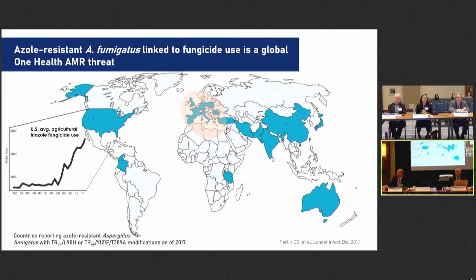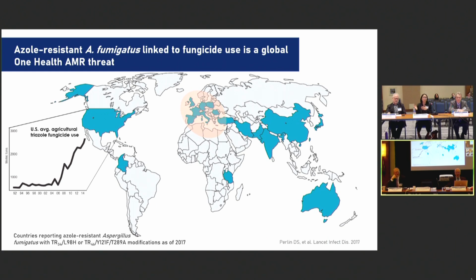And it's important that we address this issue. So what's been very exciting is that we've created an interagency working group with CDC, EPA, USDA, and others to try to address this issue, because this is a global One Health AMR threat. Everything that we've seen right now in the US has precedence.